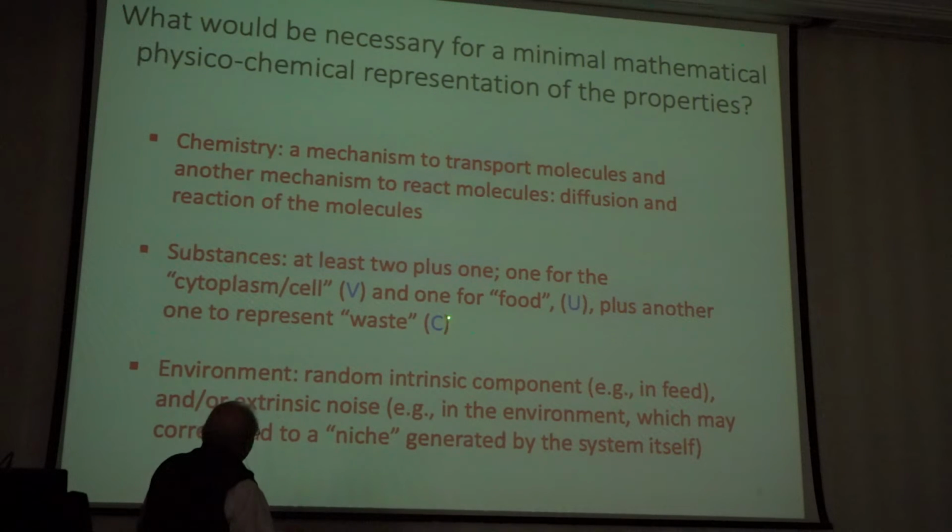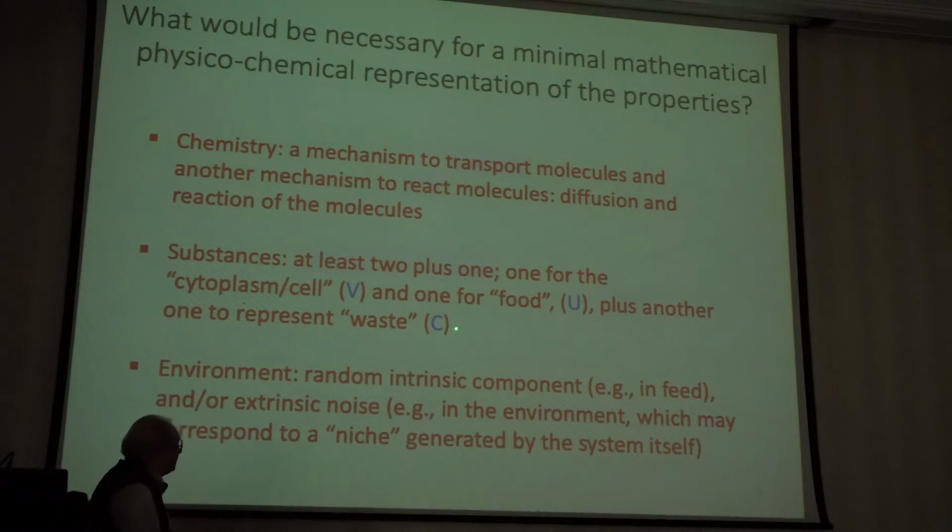But you need to put together another component, which is the waste used by the living system. And then the environment is quite important, and then you can choose a random intrinsic component, which will have to do with things that happen inside or things that happen in the external environment.